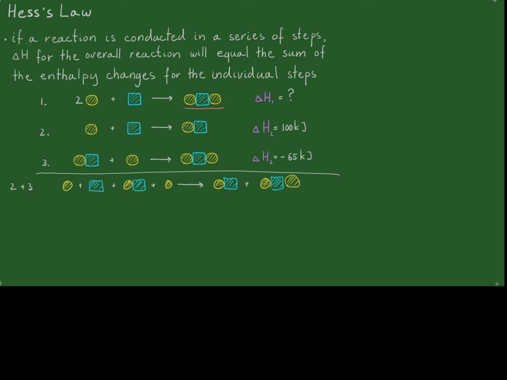Okay, and now we can tidy up a little bit. So because this fella appears on both sides of the equation, we can cancel it. And then we can add the two yellow balls together. So we have two yellow balls plus the blue square, so this thing.